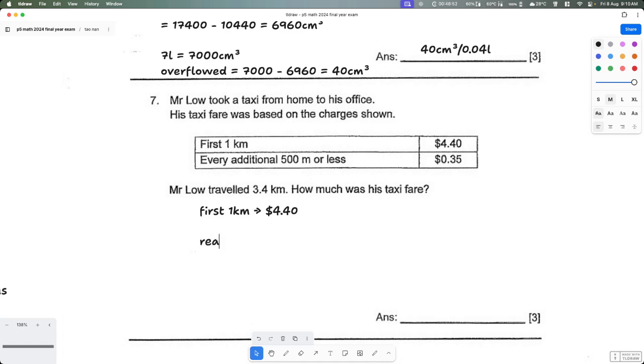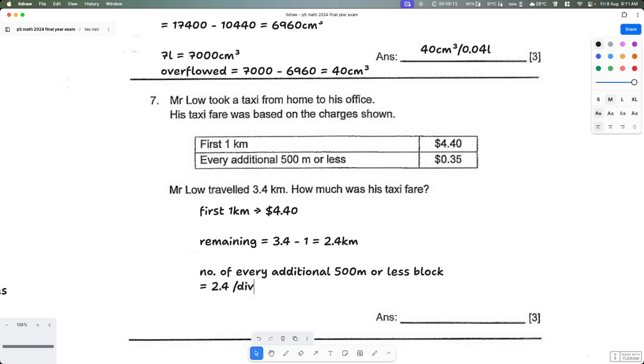Okay, then remaining is equal to 3.4 minus 1. This will give you 2.4 kilometers. So the number of blocks, for every additional 500 meters or less, is equal to 2.4 kilometers divided by 500 meters.